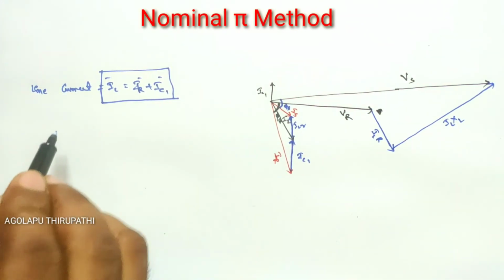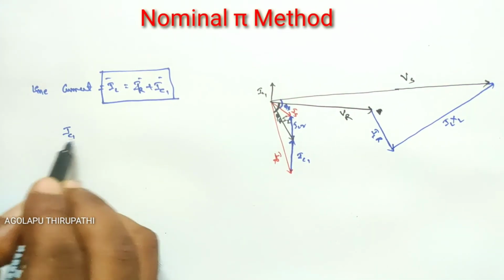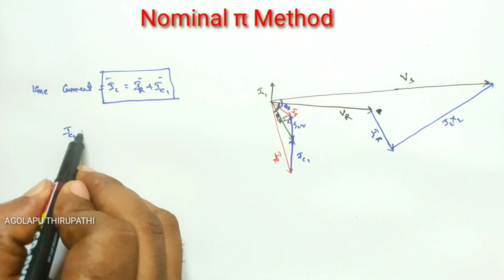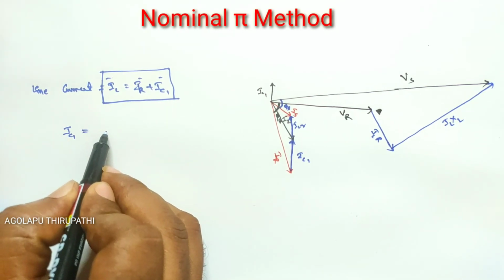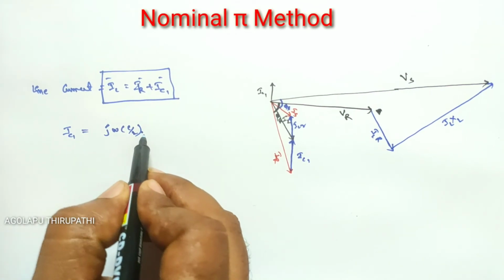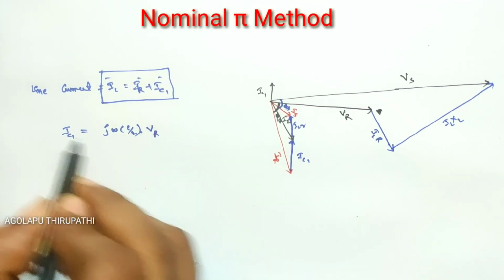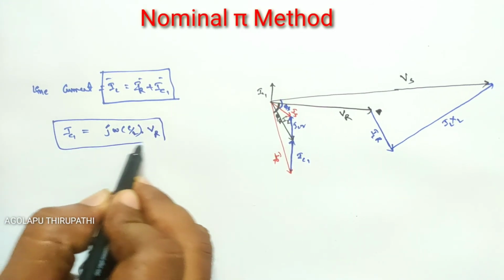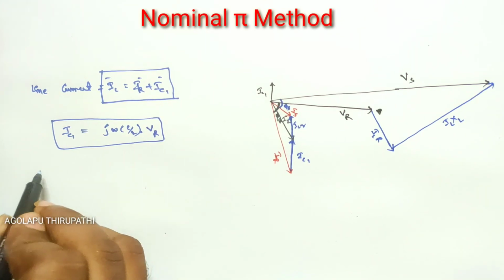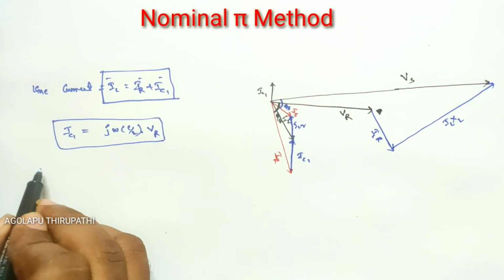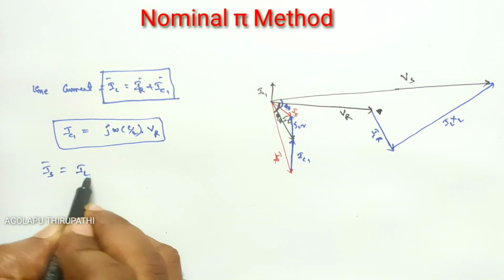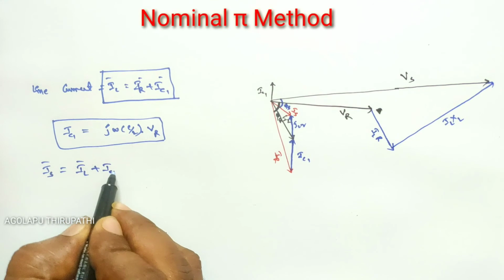From this we can write the charging current IC1. This is the current flowing through the capacitor at the receiving end side. So the charging current we can write as j omega C by 2 into VR, because it is connected across the receiving end side. Next I am taking the current for the sending end, that is IS bar is equal to the line current IL plus IC2.